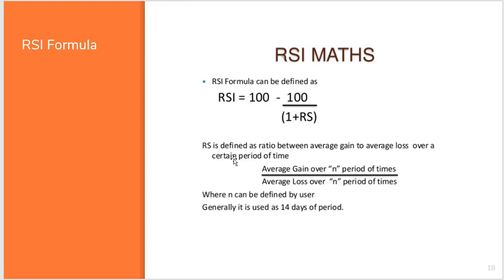And if you understand the underlying math or the underlying idea of the indicator, you'll get a better idea of when and how and why the indicator doesn't work sometimes.